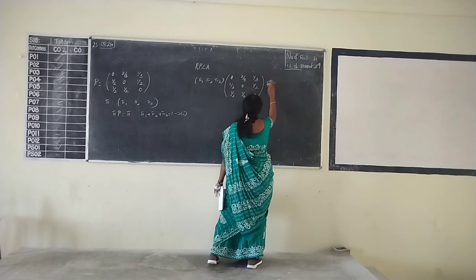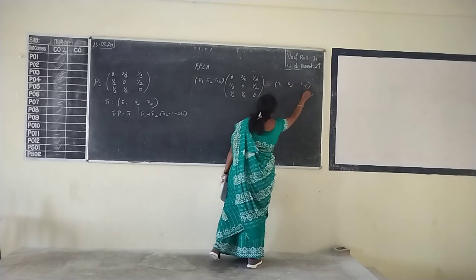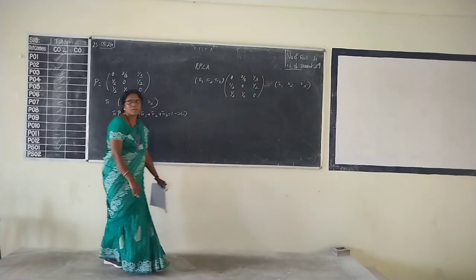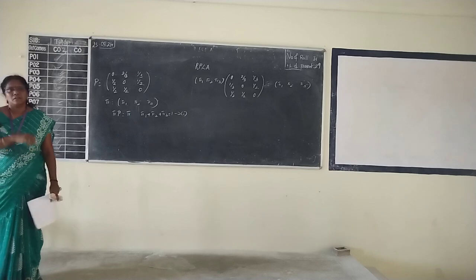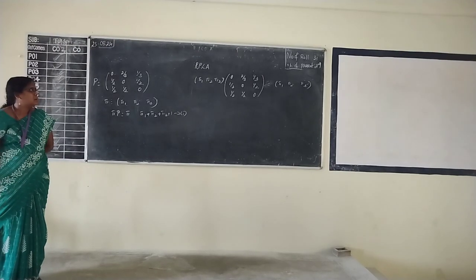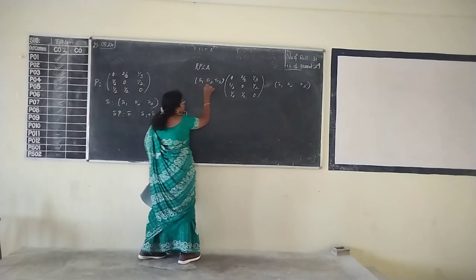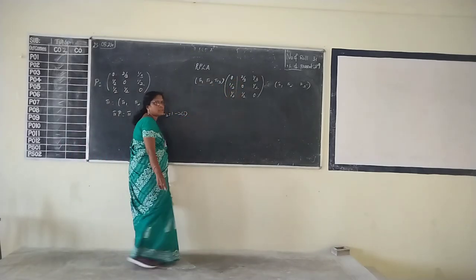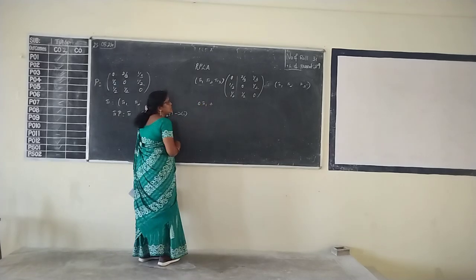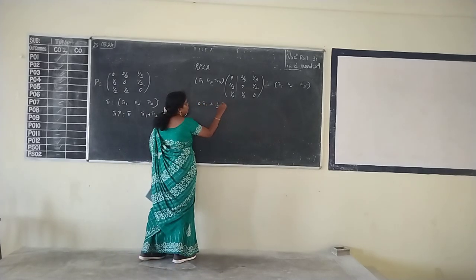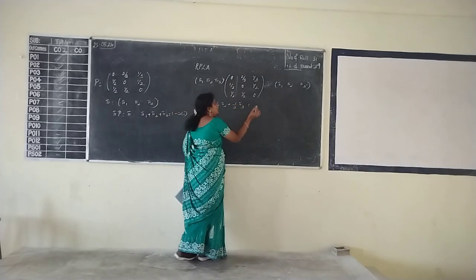That should be equal to pi 1, pi 2, pi 3. So do the matrix multiplication. First row into first column, what will you take? 0 pi 1 plus 1 by 2 pi 2 plus 1 by 2 pi 3 is equal to pi 1.